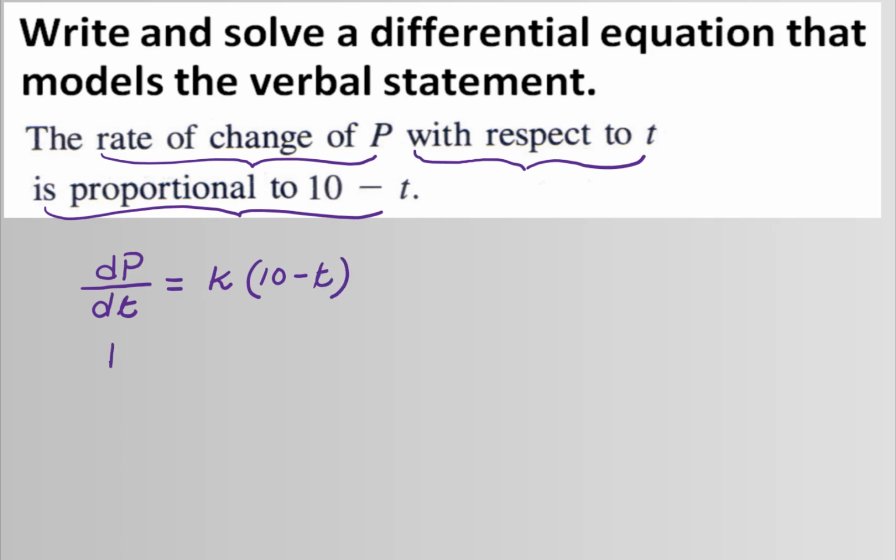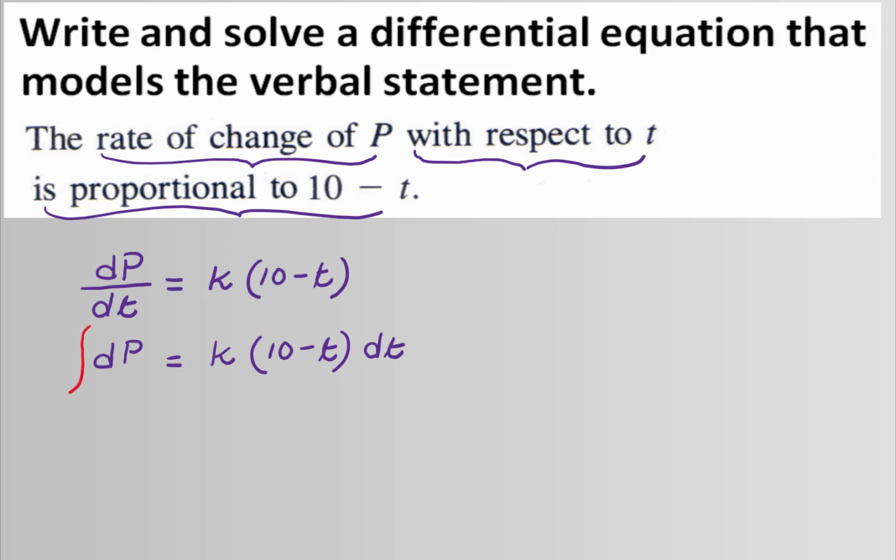Cross multiply, dp is equal to a constant k times the expression 10 minus t dt.